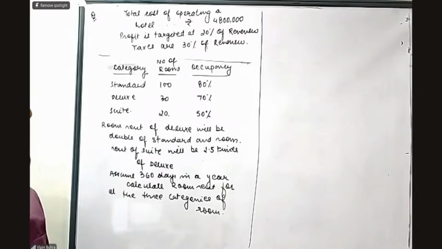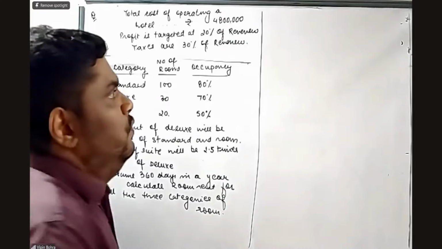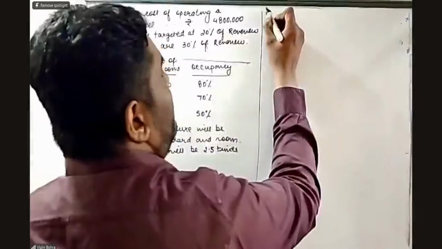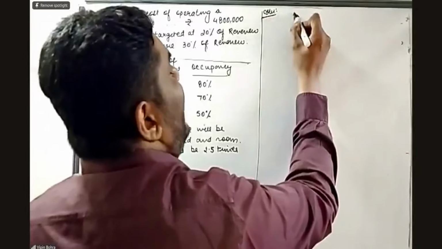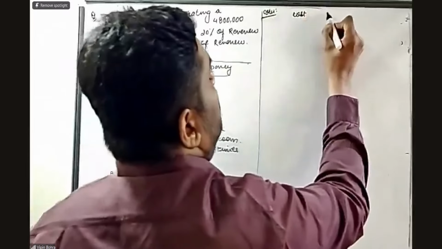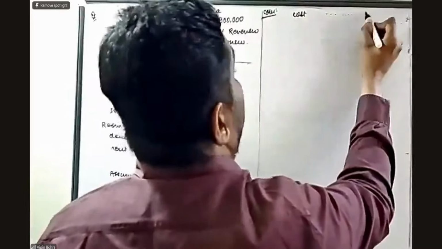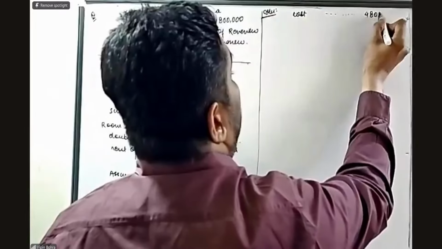Room rent of the deluxe will be double of standard, and room rent of suite will be 2.5 times of deluxe. Assuming 360 days in a year, you are required to calculate the total room rent of all the three categories of room. Now, herein, we have the cost, that is 48 lakhs.